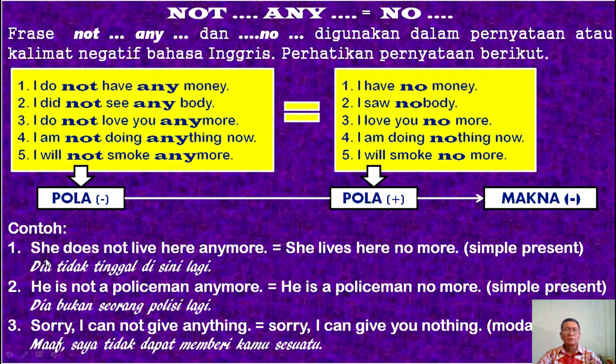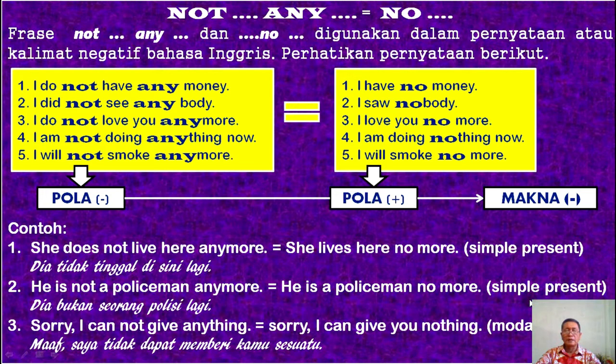Contoh 1. She does not live here anymore sama dengan she lives here no more. Simple present. Artinya sama, dia tidak tinggal di sini lagi. Nomor 2. He is not a policeman anymore sama dengan he is a policeman no more.